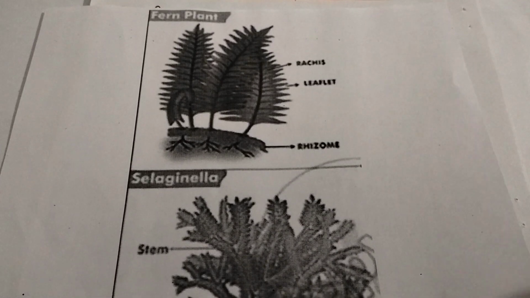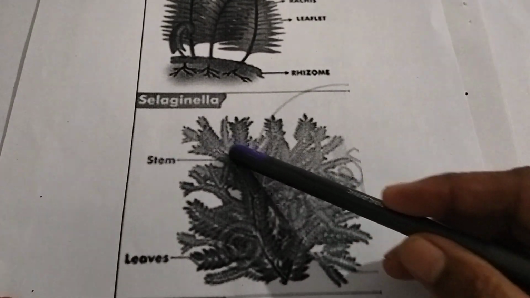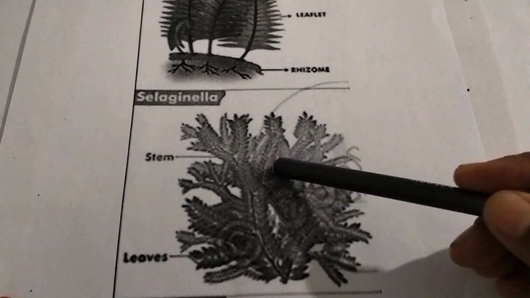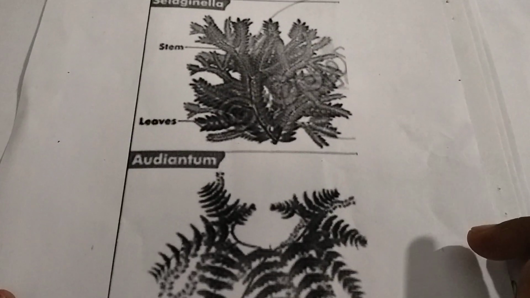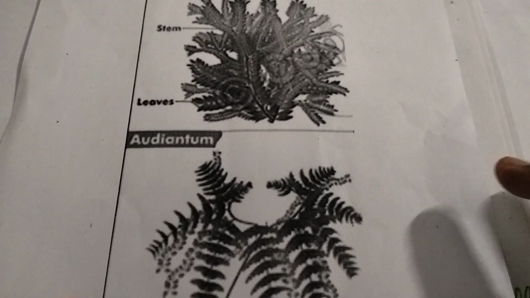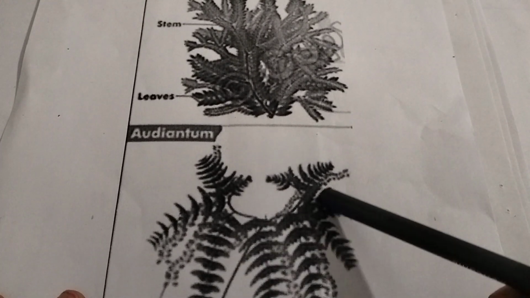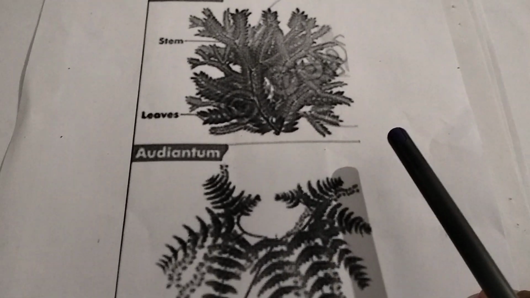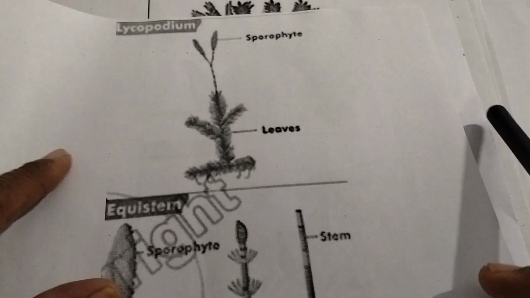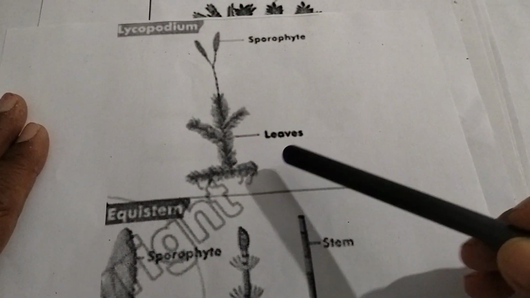Similarly, another pteridophyte you can see, Selaginella. Selaginella has somewhat strong, broad stems. Then see Adiantum. It is also having leaf, and see sporangium is there. These leaves are there, and see this stem is shown here. Now you see some more plants. Lycopodium, you can see here leaves are present, though the picture is not very clear.